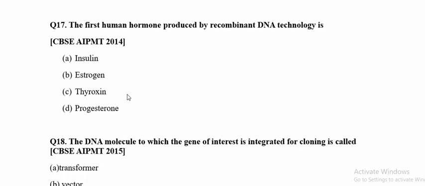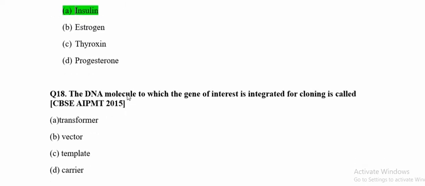Question number 17, the first human hormone produced by recombinant DNA technology is insulin, estrogen, thyroxine, or progesterone. The first is insulin. Something we have to remember. Option A is the correct answer.